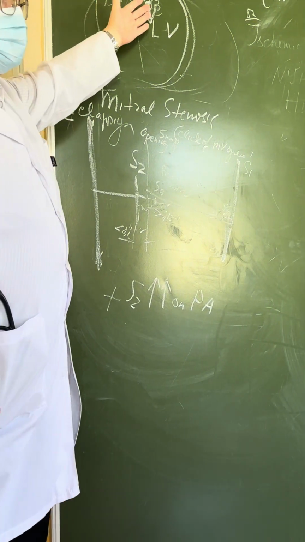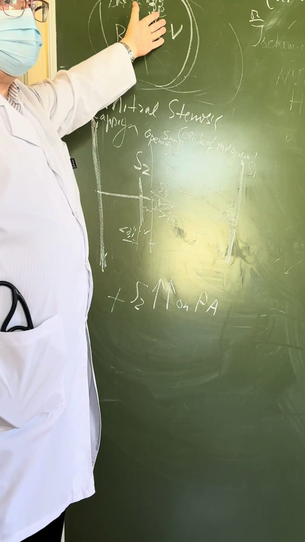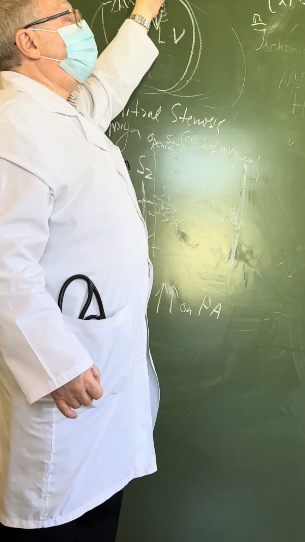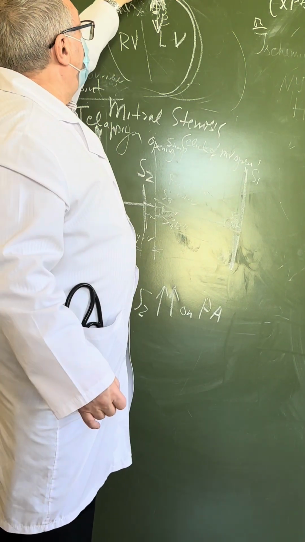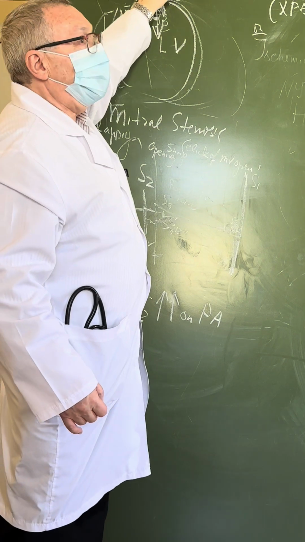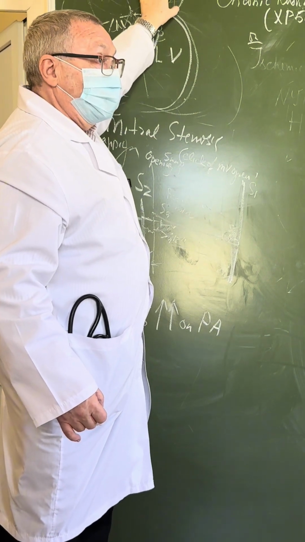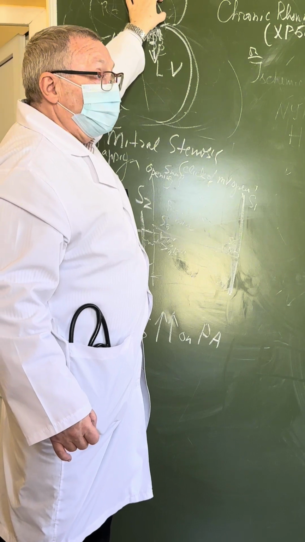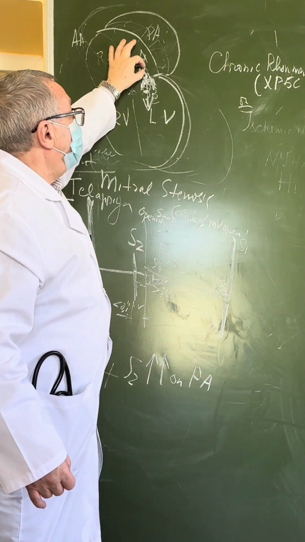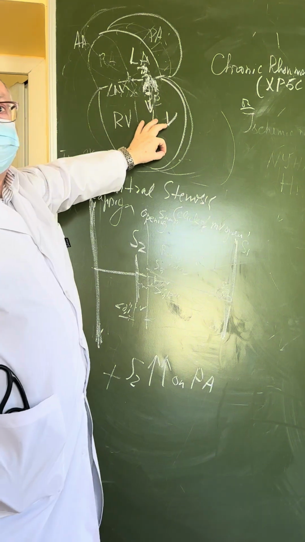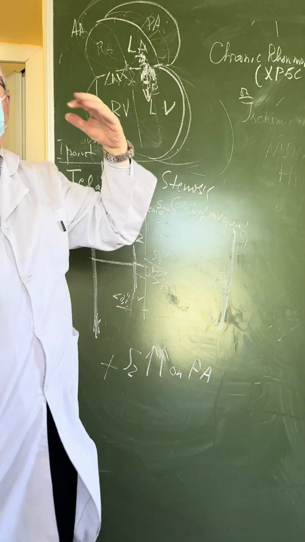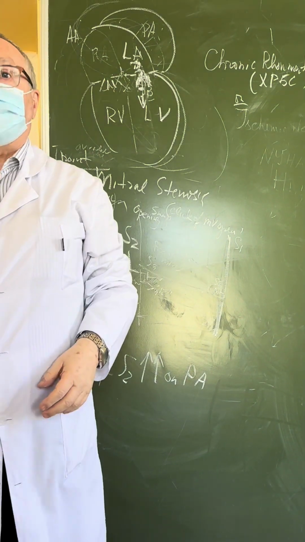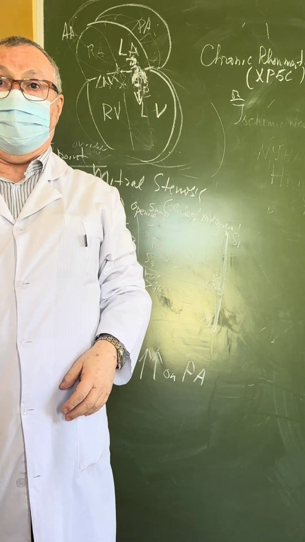What additional complications? In a very dilated left atrium, there is formation of emboli maybe, and intracardiac thrombus. If small, they can pass into the greater circulation, embolism, especially in the brain.